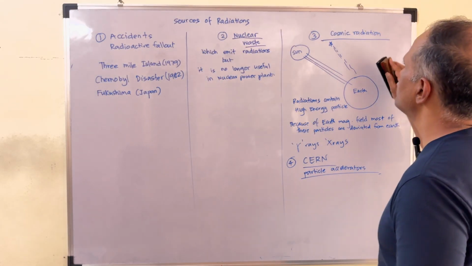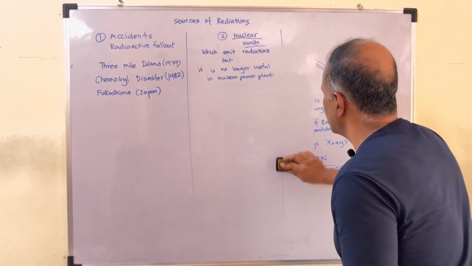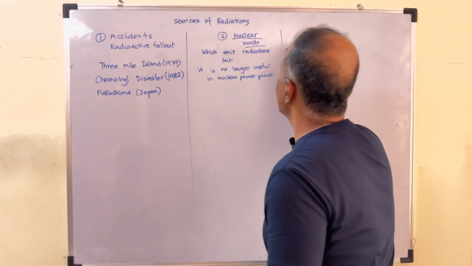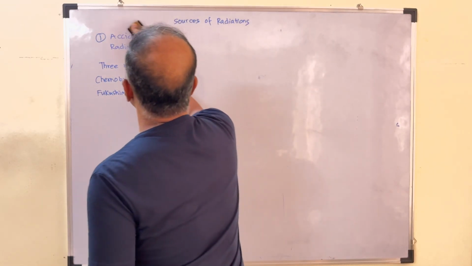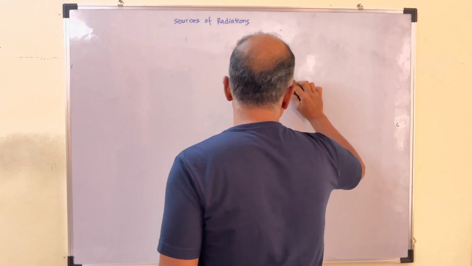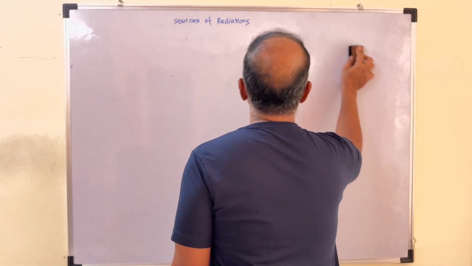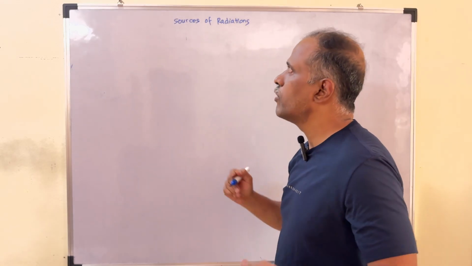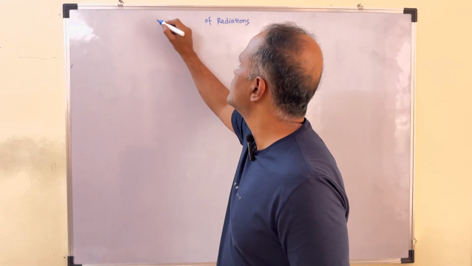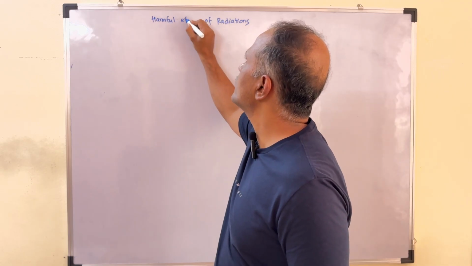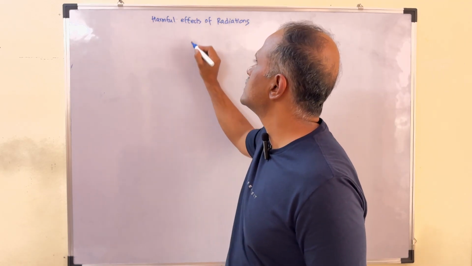Now the third topic for today is what are the harmful effects of radiation. Herein we would be considering the short term effect, the long term effect which is irreversible, and the genetic effect. So I will write harmful effects of radiation.